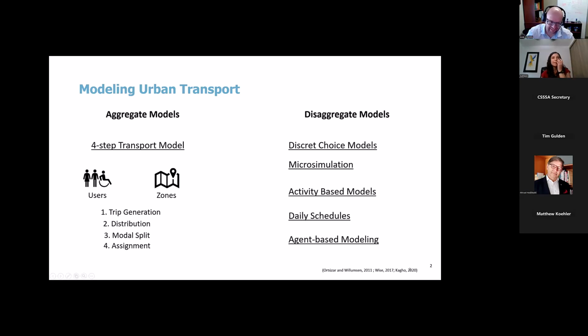This analyzes aggregate traffic flow and aggregates users, so we have an average user that represents many users, and it also aggregates geographic areas or zones. This model focuses more on infrastructure development, like increasing capacity, for example.